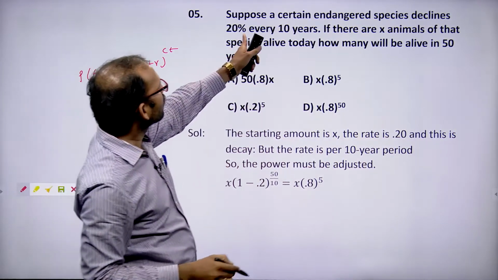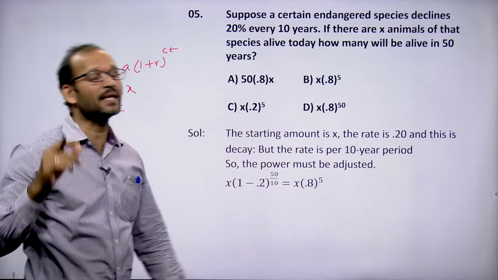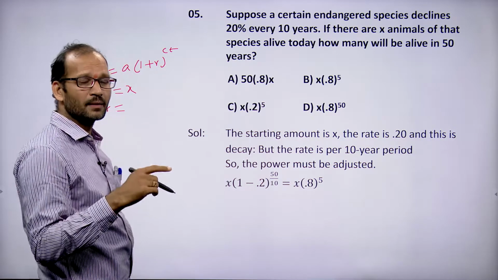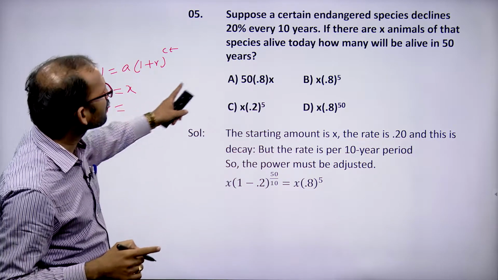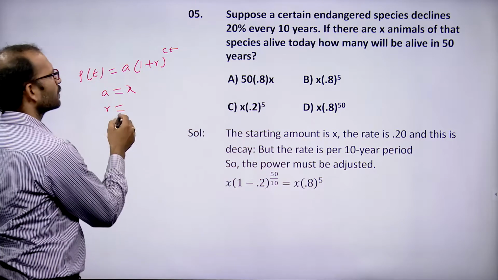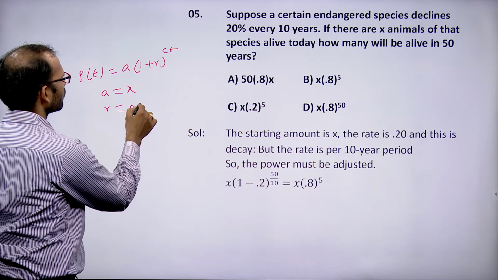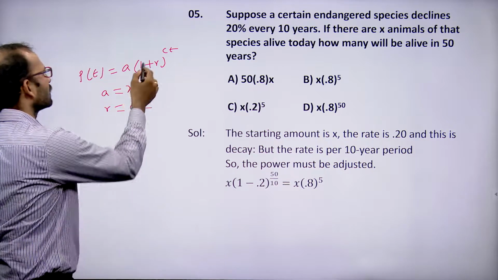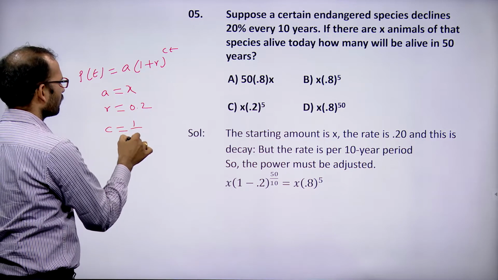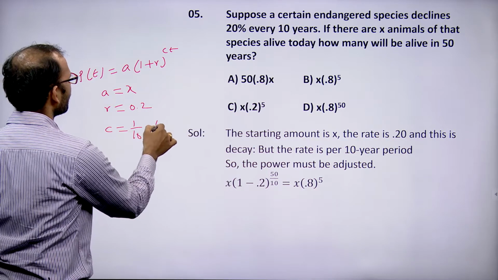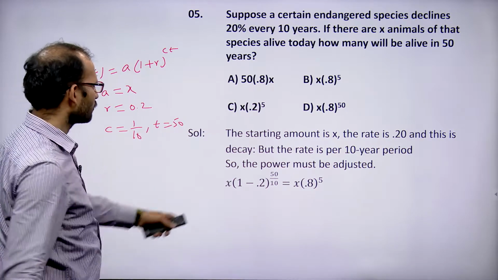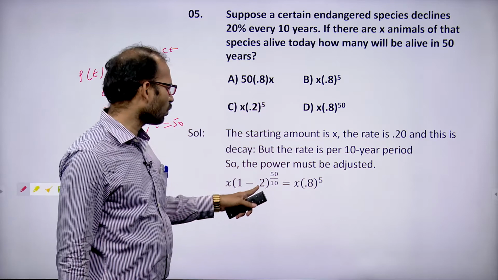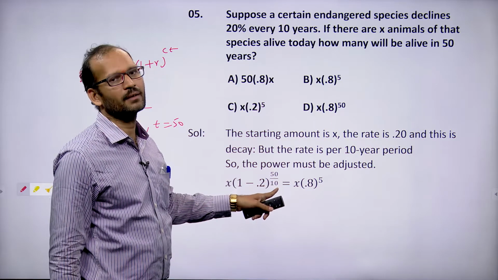R is how much? 20% for every 10 years. So R is 20%. 20% means what? 0.2. And C is for 1 year 1 by 10, right? And T is how much? 50. So therefore X into 1 minus 0.2 whole power 50 by 10.